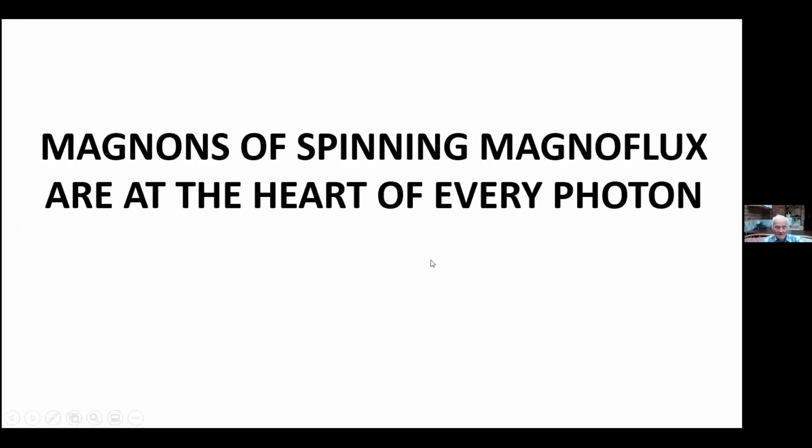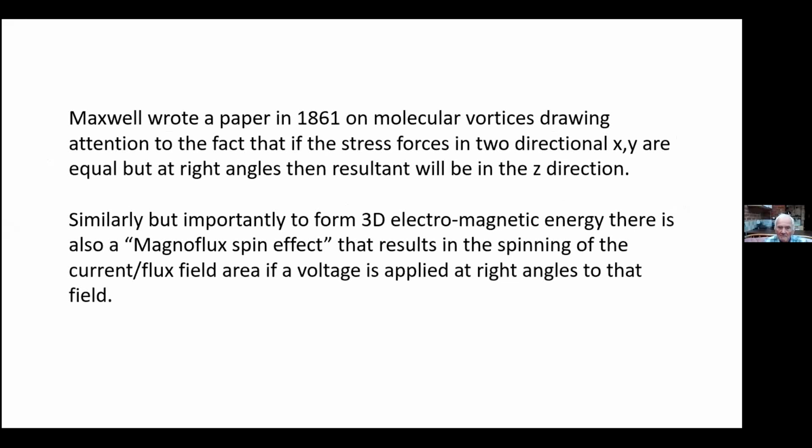Good. This is a presentation to talk about magnons, which are at the heart of every photon. Maxwell wrote a paper in 1861 on molecular vortices, drawing attention to the fact that if the stress forces in the two directions x and y were equal, but at right angles, then the resultant would be in the z direction.